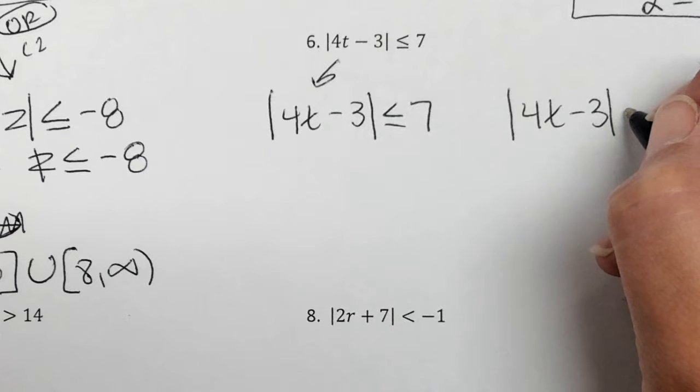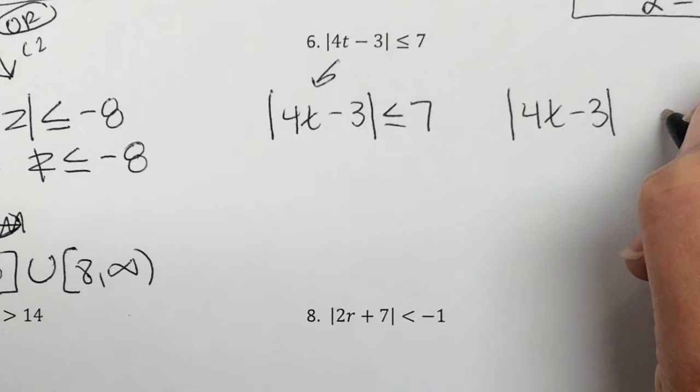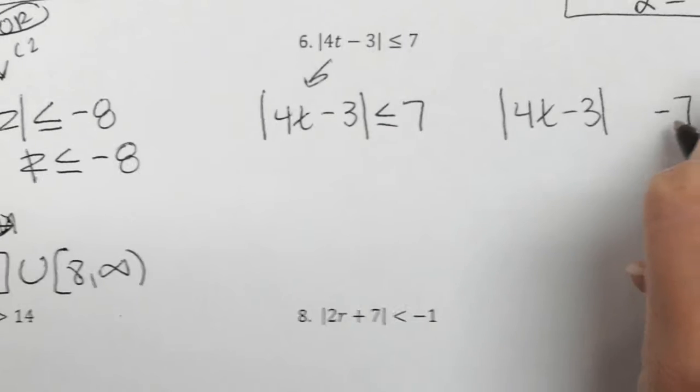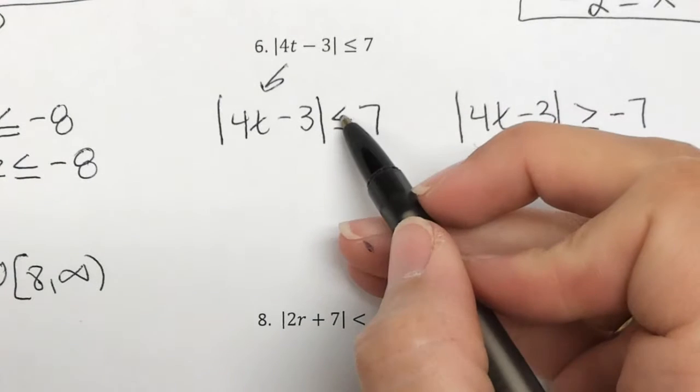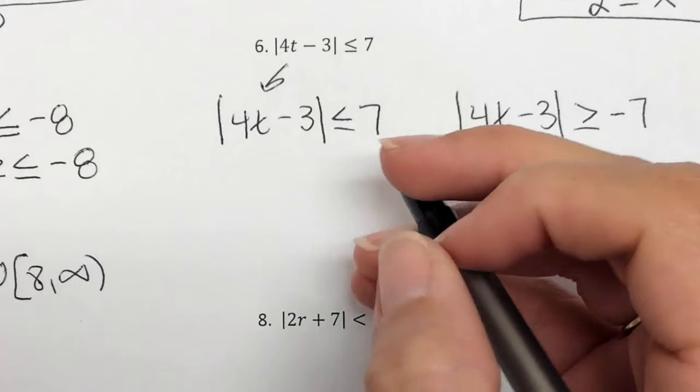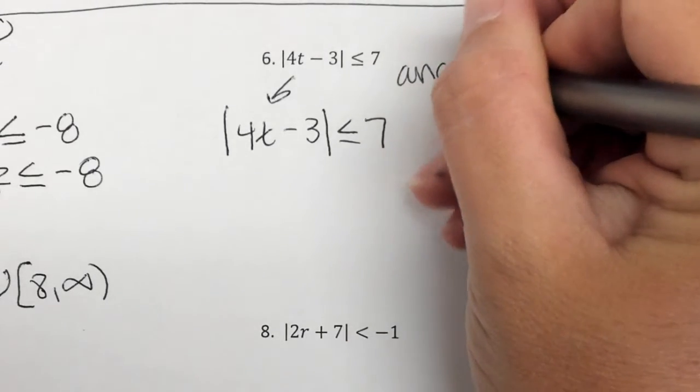What are you missing? We not only make this negative, what else do we do? Good. Swap the sign. Is this an and or an or statement? What's this one say? Less than. Less than, so it's an and statement. Good.